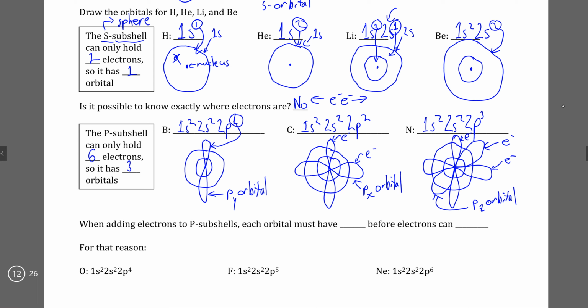Now, again, let's just codify this rule. When adding electrons to p subshells, each orbital must have at least 1 electron before electrons can pair, because electrons repel and they don't want to stay together unless it's absolutely necessary.